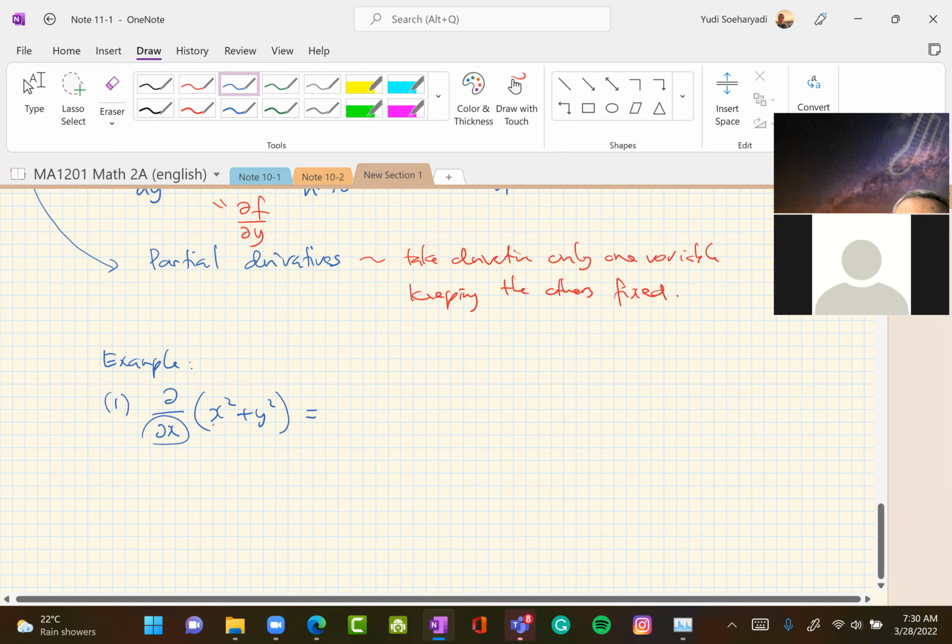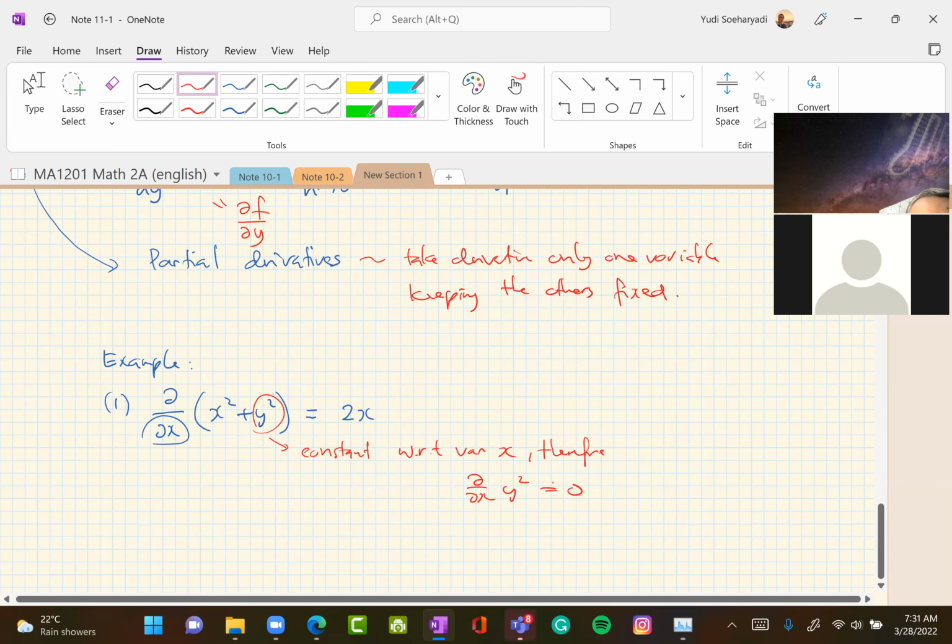In this case, y squared is constant with respect to x. So that's why the derivative of a constant is 0. Therefore, dx of y squared is 0.